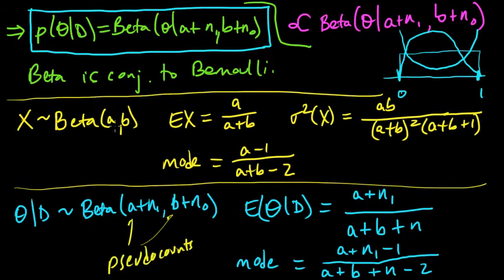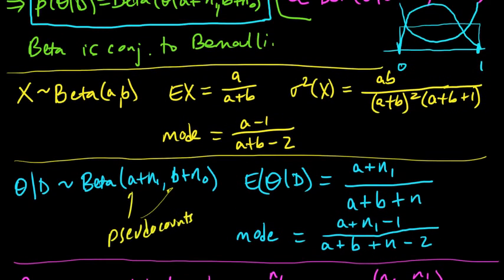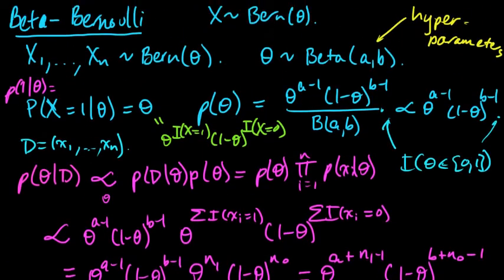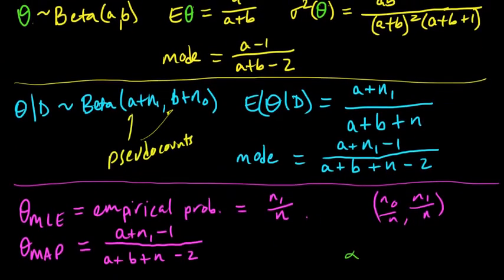So our prior mean was this, a over a plus b. Let me change that, that's annoying me. I was thinking just abstractly about a random variable, but I should have put theta here, since we were assuming that theta did have this distribution. So that was a bit strange for me to do.